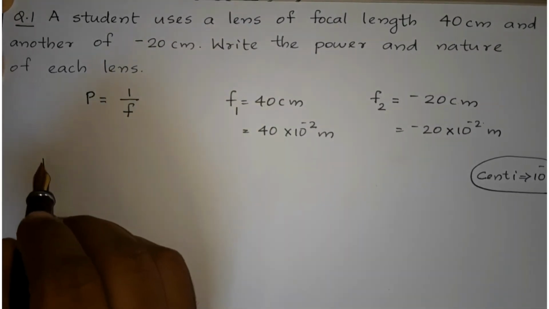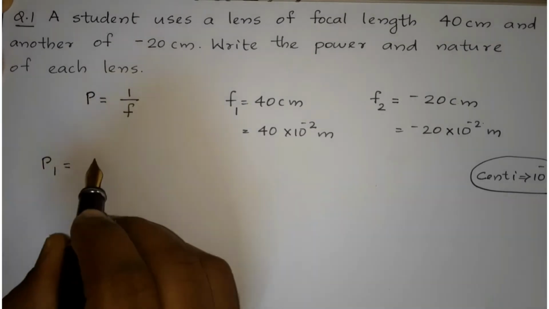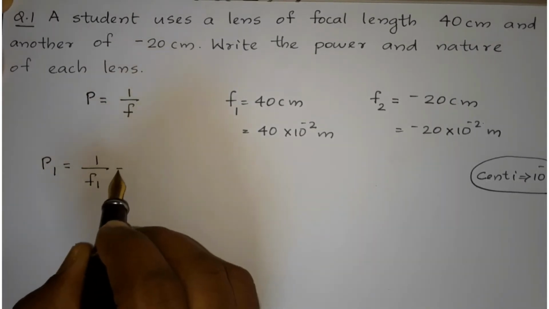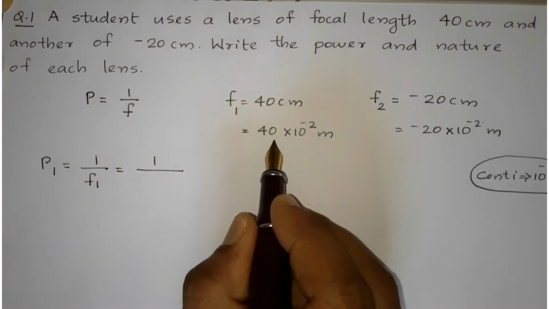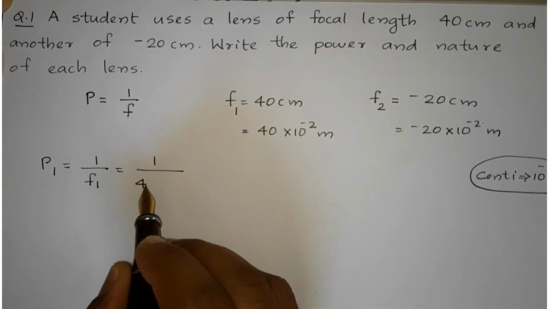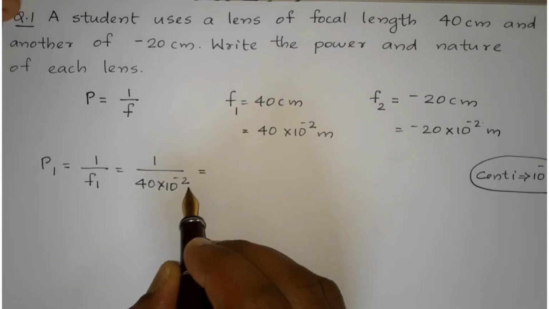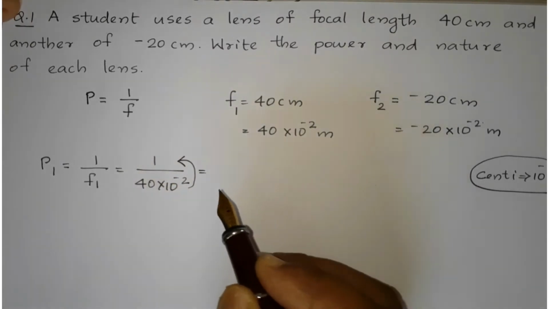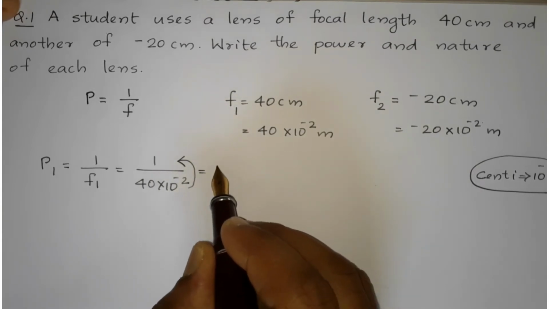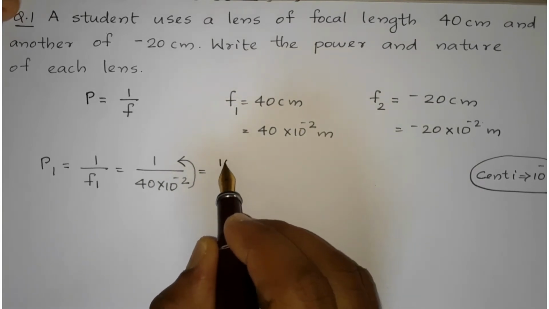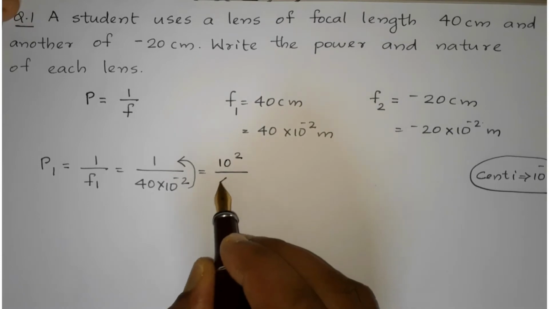Okay, first one, P1 is equal to 1 by f1. That is equal to 1 by 40 into 10 raised to minus 2. Okay, 10 raised to minus 2 when goes to the numerator part, it will become 10 square, right? Laws of exponents, we have learned it in maths, right?